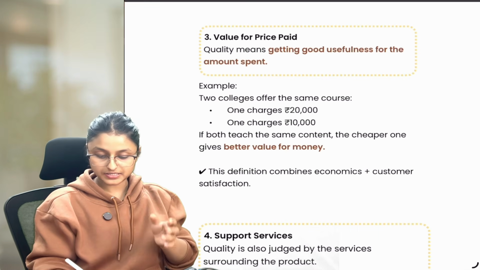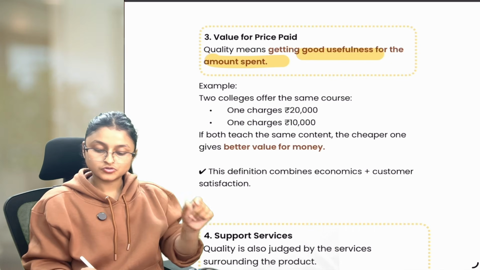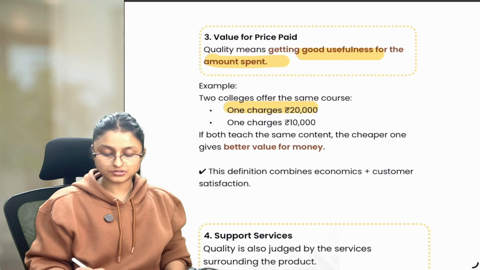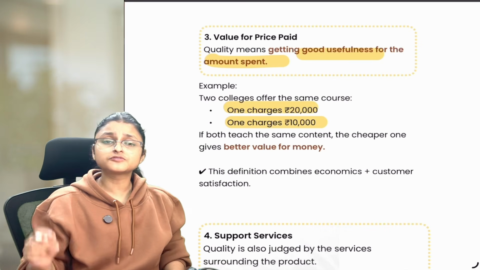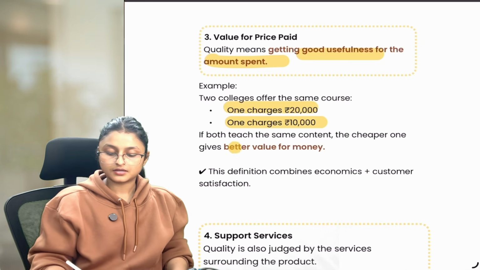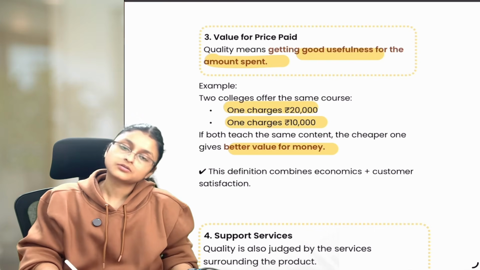So quality means getting good usefulness for the amount spent. Like two colleges offering the same courses, one is charging 20,000 rupees and one is charging 10,000 rupees for the same content. Then the cheaper one feels like better value for money, or a quality product.